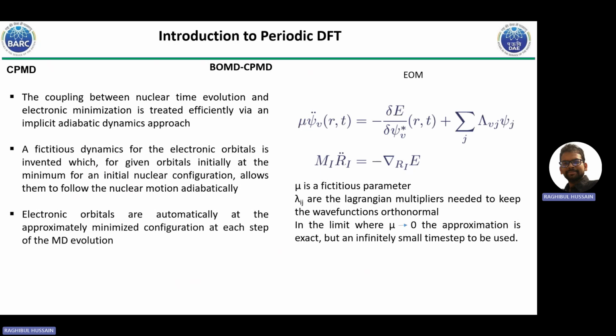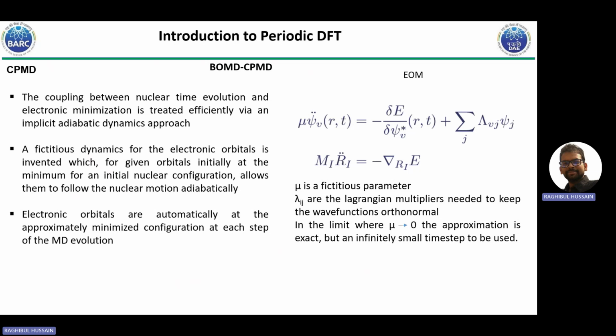So now, in CPMD, what I have discussed, I have written here: the coupling between nuclear and electronic time evolution. Okay, so now I have got two equations, one for my nucleus, another for my orbitals, but they will move together. In earlier BOMD, what was happening? I was first doing the electronic structure calculation, and after that, using the total energy, I was moving my nucleus.